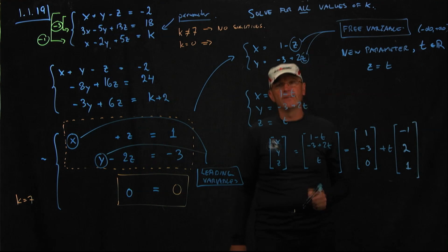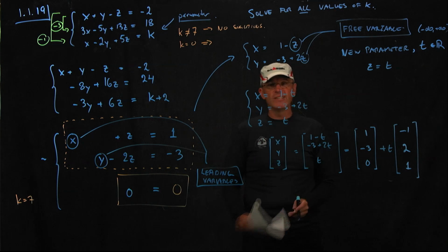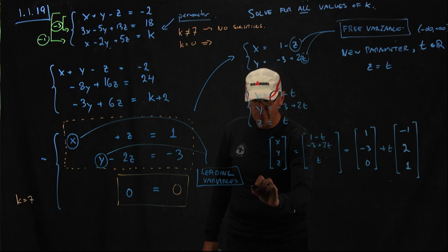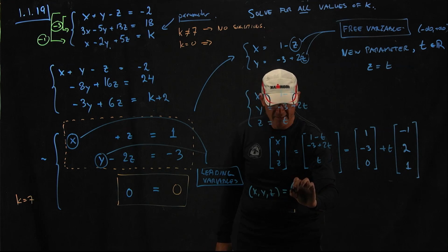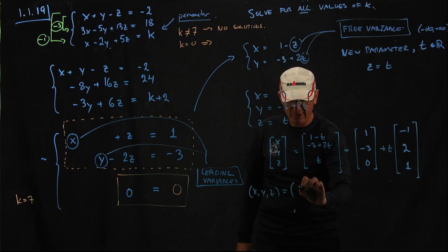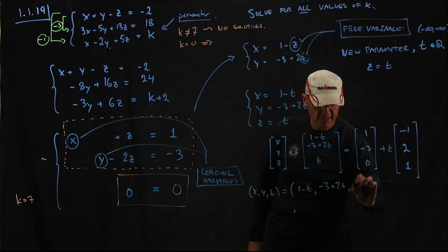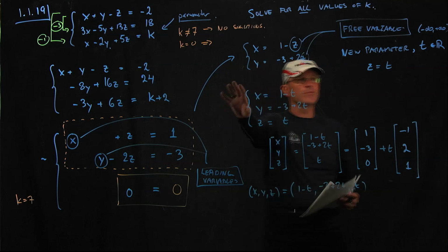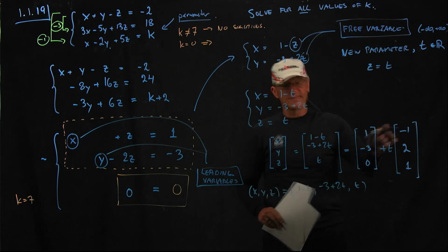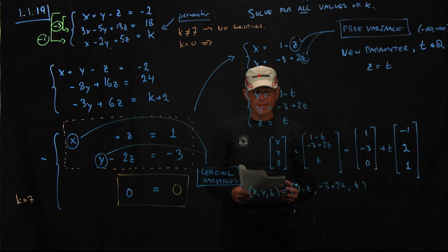So we can write it in this form, we can write it in that form, and I think at this early stage, the book writes it as x, y, z in a collection like this, so 1 minus t, negative 3 plus 2t, and t, right? So essentially we can write it as a system of equations with a parameter, we can write it in vectorized form, or we can write it as a triplet of values.